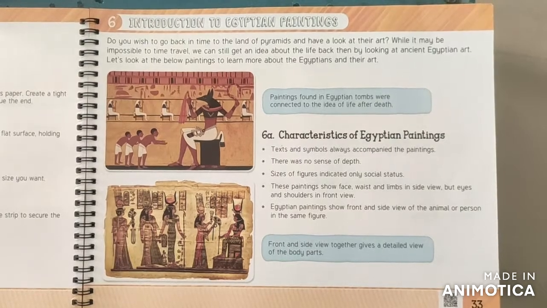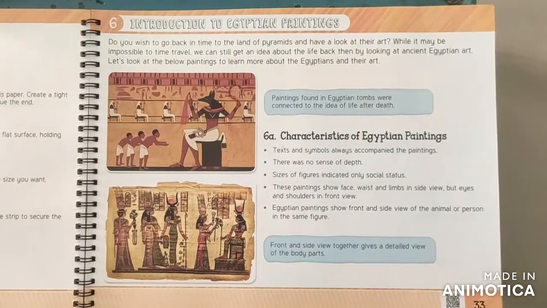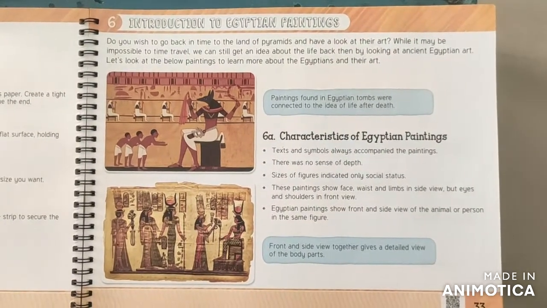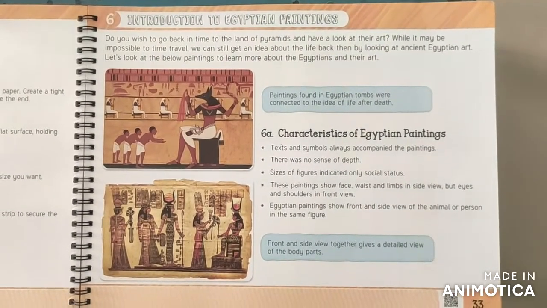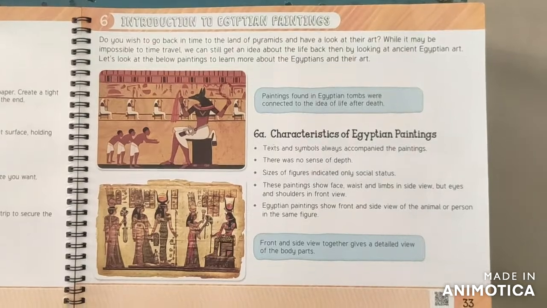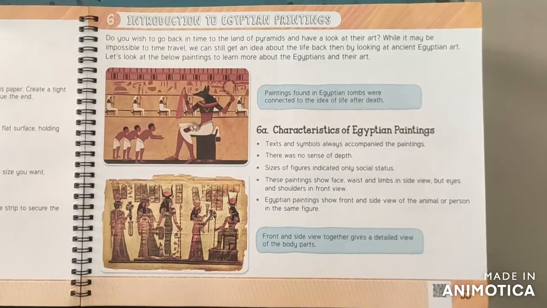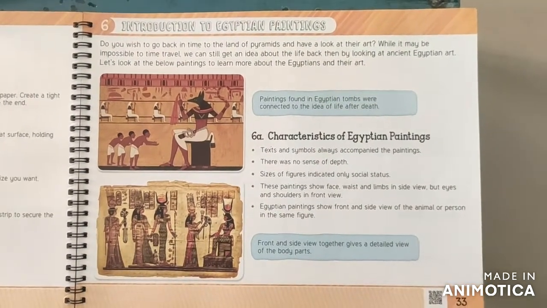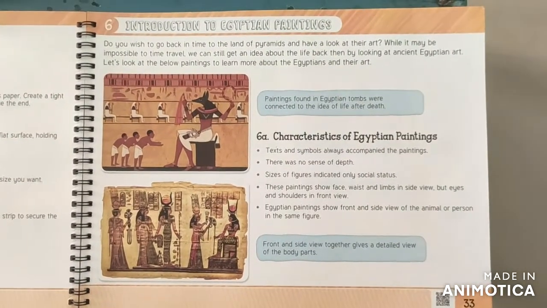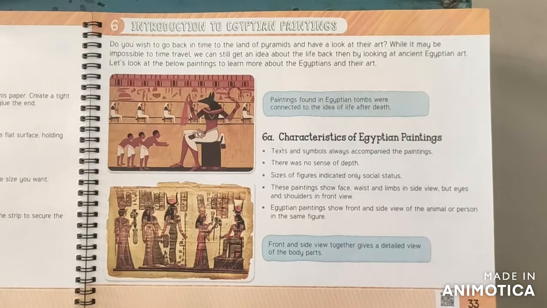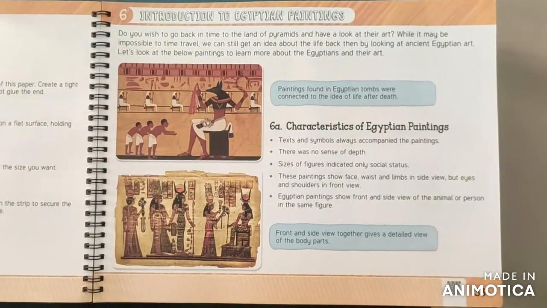For that, how do we understand the past period, the ancient period, their culture, their living? We can learn more about that culture because of some monuments, some art pieces, and that art helps us understand how those people were living at that time. We use their paintings and sculptures like pyramids.